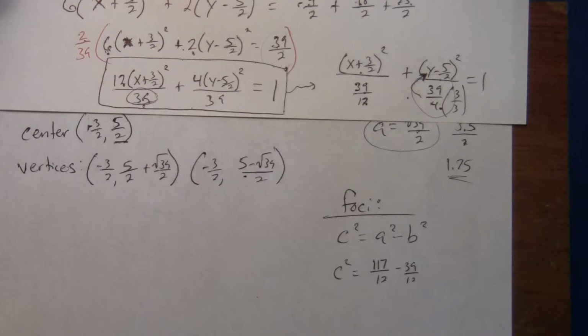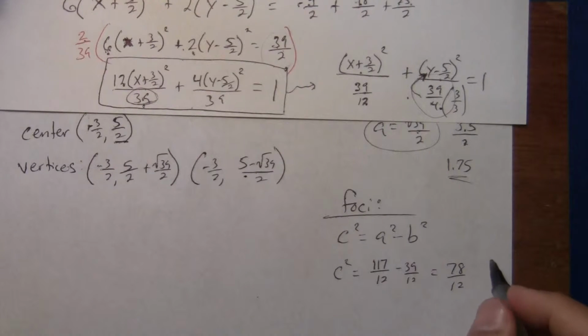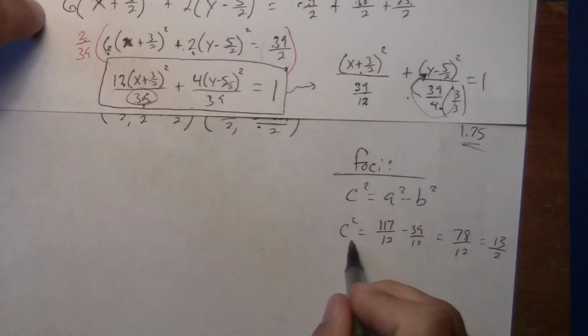And then go ahead and take 117 minus 39 and you end up with 78 twelfths. And I can see that 78 and 12 have definitely a 2 in common, so I can reduce, and eventually I'm going to see that they have 6 in common, and this will simplify down to 13 over 2. Now that's c squared.